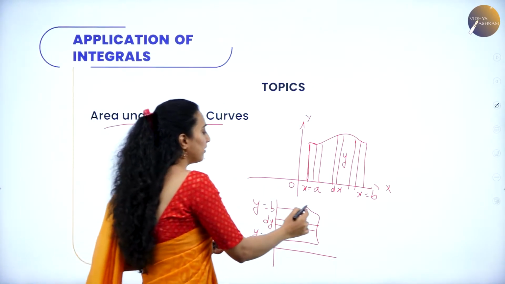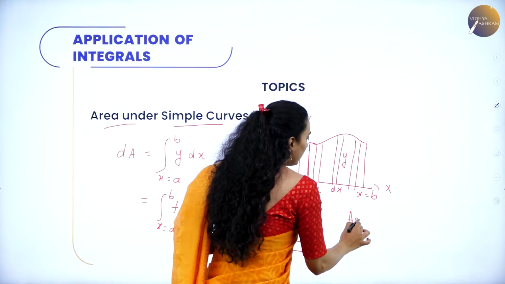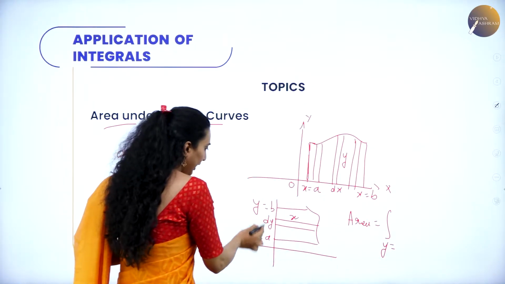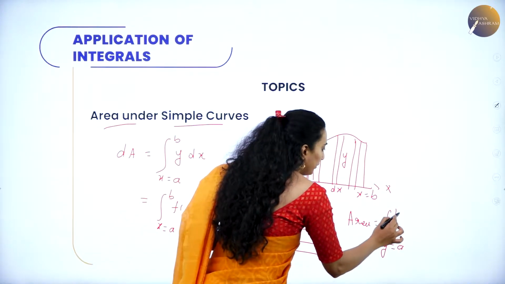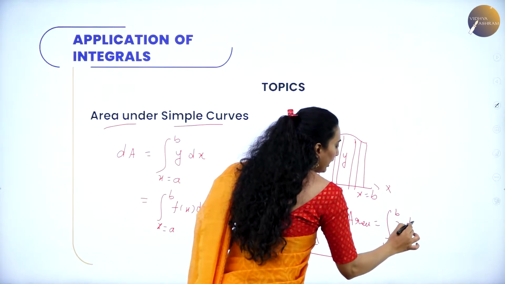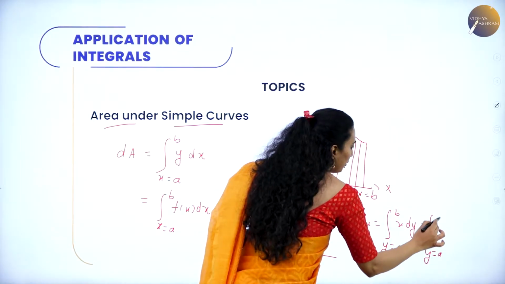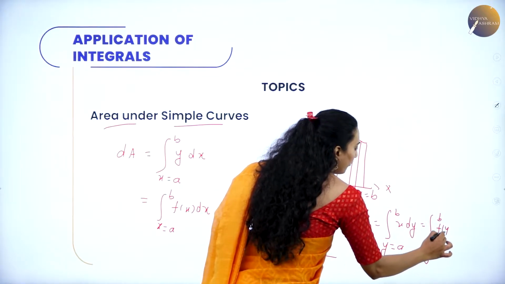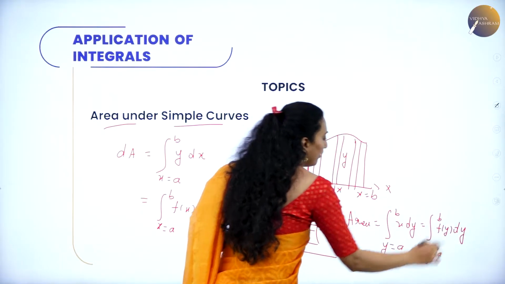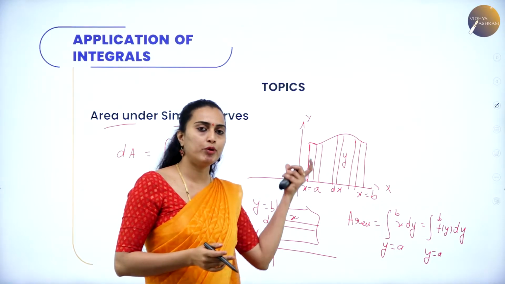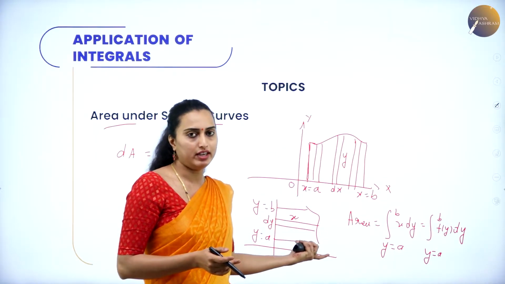The area is given by the integral of y from A to B of x into dy, where x is f of y. So this is how you measure the area under the curve about the x-axis and about the y-axis.